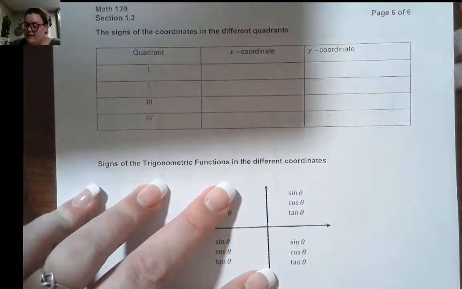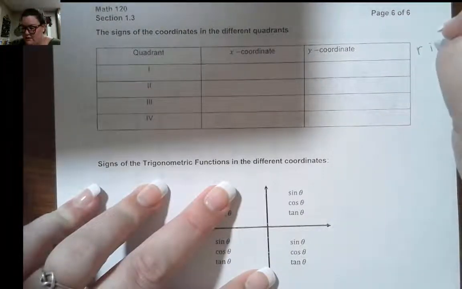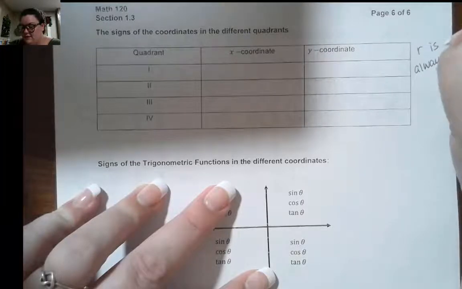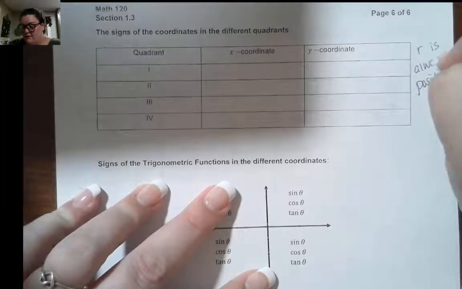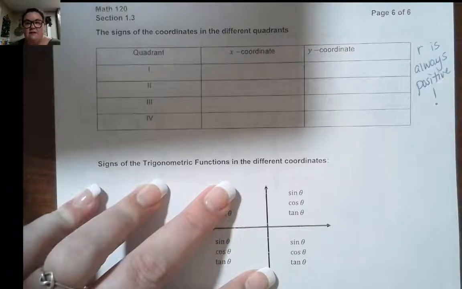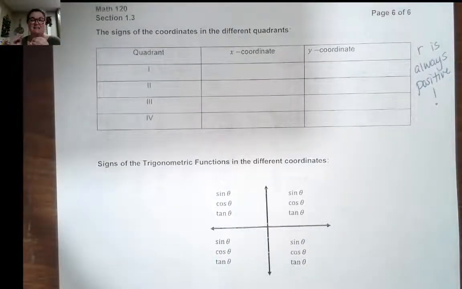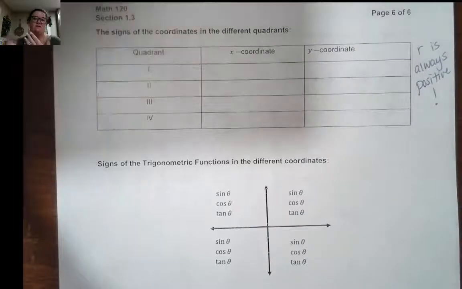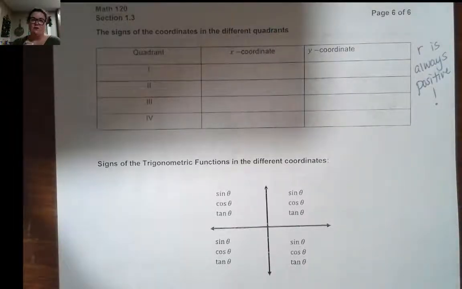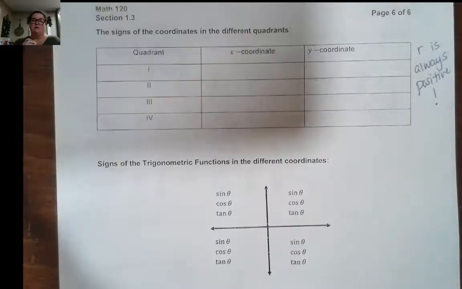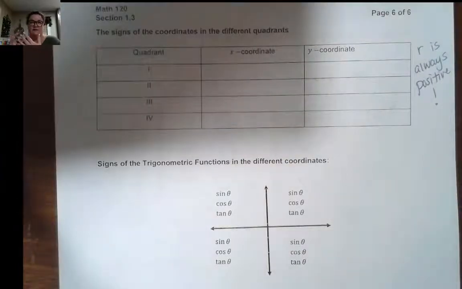The reason I didn't list the r is because r is always positive. So we're talking about the signs. A positive never changes the sign of a number. Only negatives will change things from positive to negative.